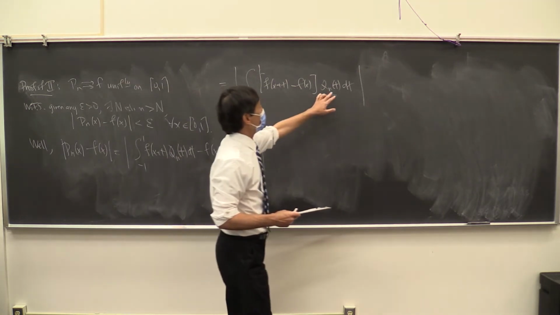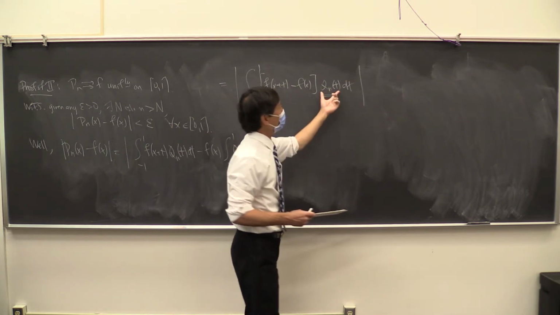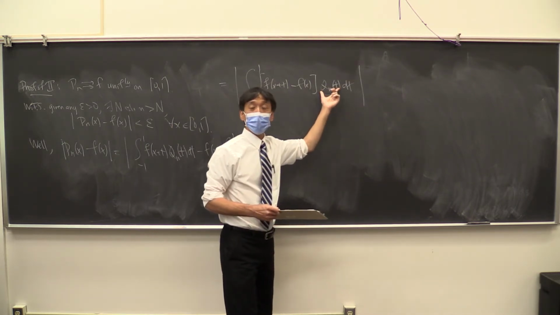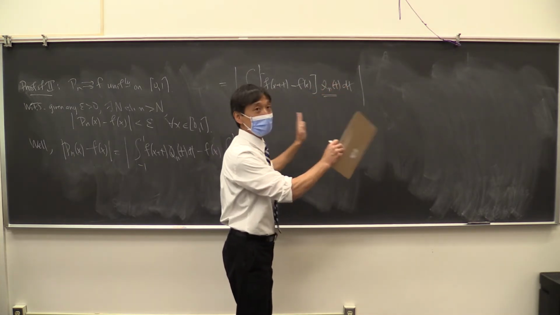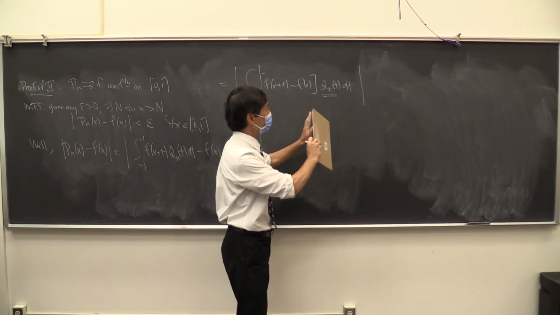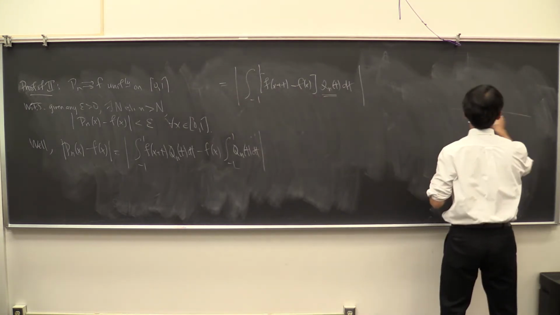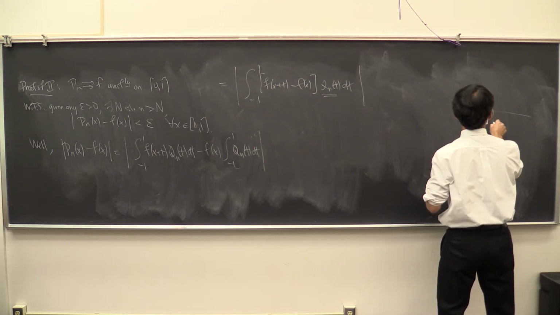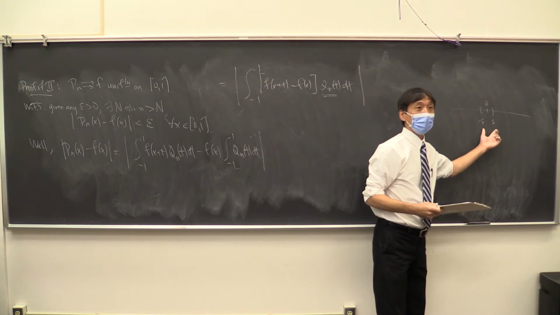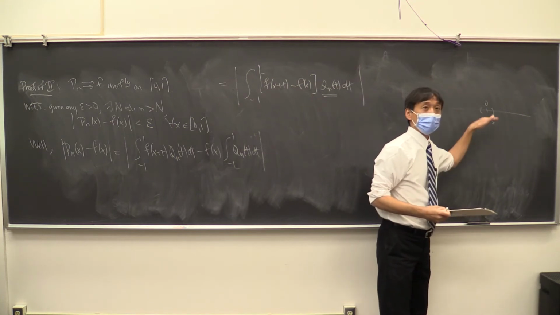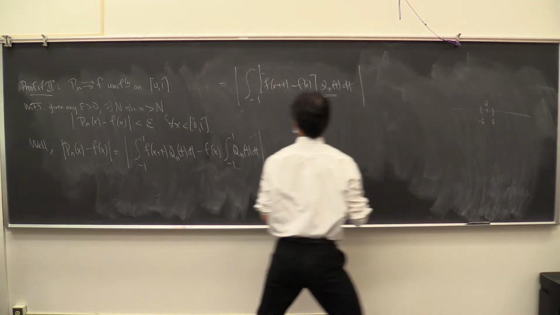We're going to break this into the part where the Q sub n are small. Remember, we said that the Q sub n can be made arbitrarily small outside of some neighborhood of the origin, right? That was part of the construction, that outside of some delta neighborhood of the origin, the Q sub n converge to 0 uniformly. So let's do that.